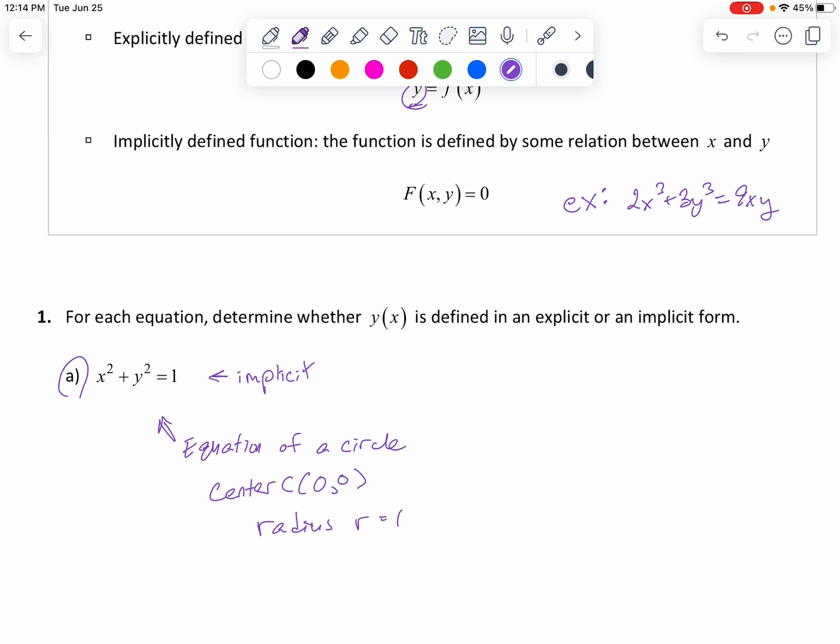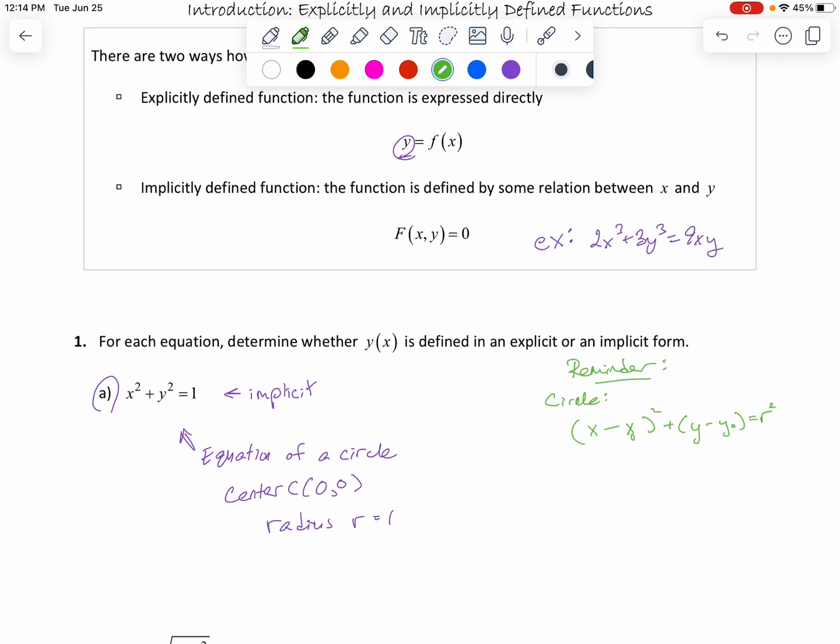Just as a reminder, the equation for a circle is x minus the x coordinate of the center, squared, plus y minus the y coordinate of the center, squared, equals the radius squared.